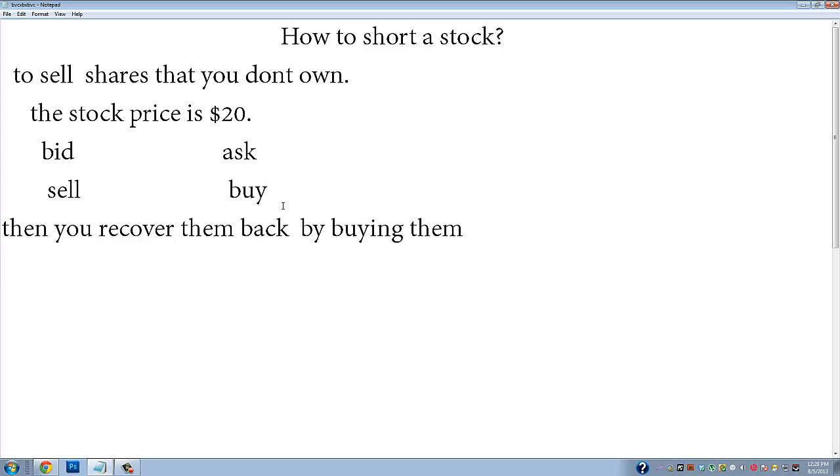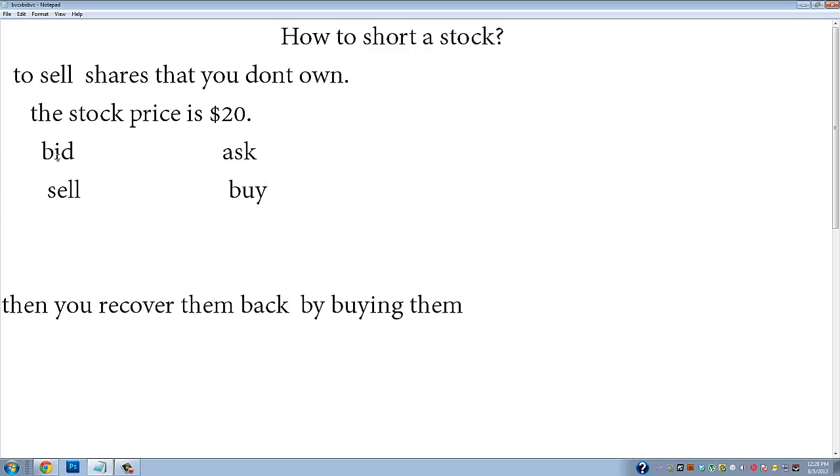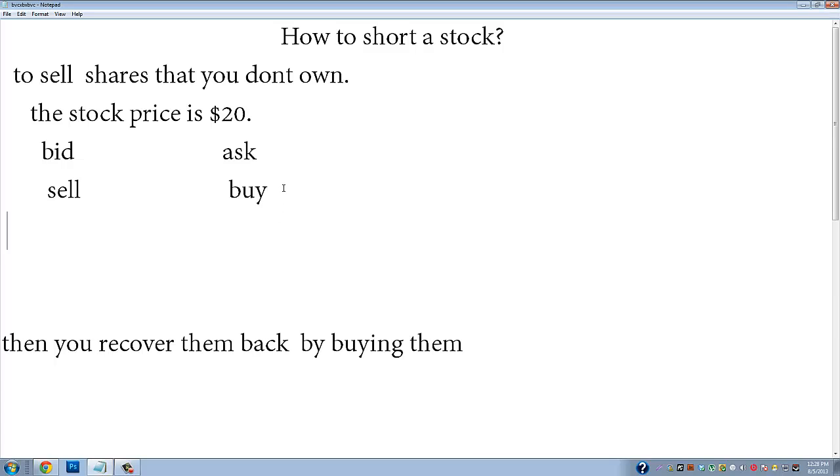Now you should go to the bid and you hit sell. Okay, you hit sell, not buy, because you are selling shares that you don't own. Now your broker will give you these shares, like 100 shares, 200, 1000, whatever you need.